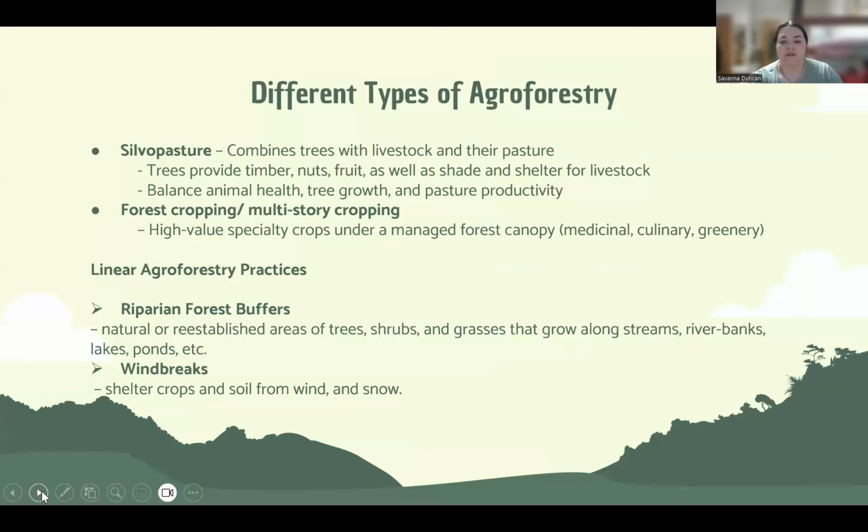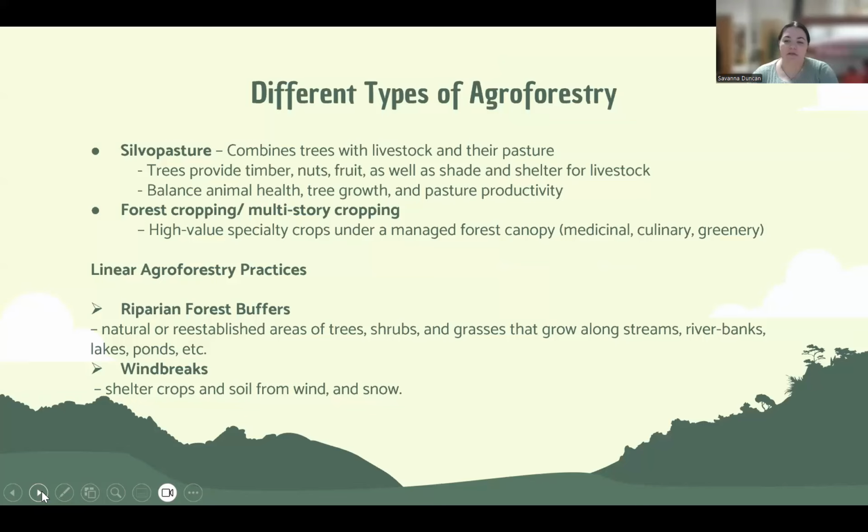So what are the different types of agroforestry? Now that we've created a basic foundation, it's time to define the different types of integrated production system. Let's look at these five widely recognized categories. First, we have silvopasture.